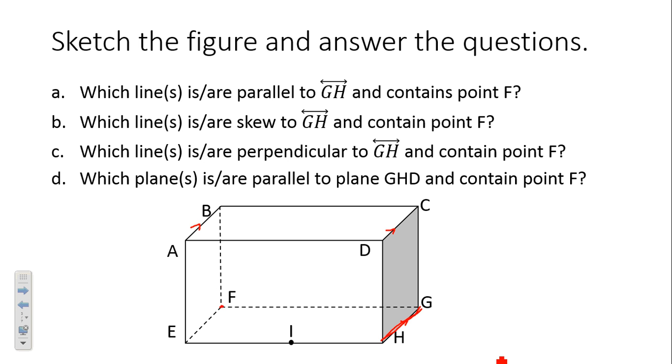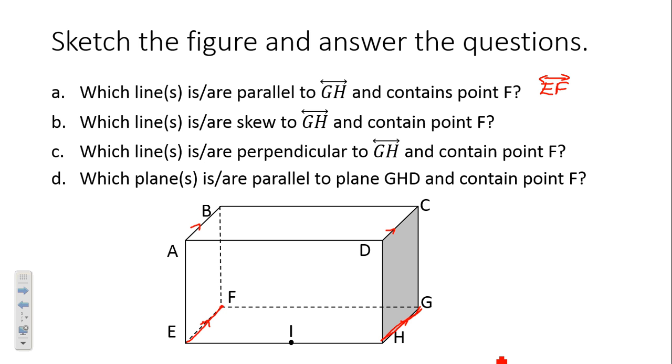But which line is parallel to it that goes through F? EF, very good. Okay. So we have 4 parallel lines, one specifically that answers that question. The line that is parallel to GH that goes through F is EF. Make sure you're making your marks to show that they're lines.